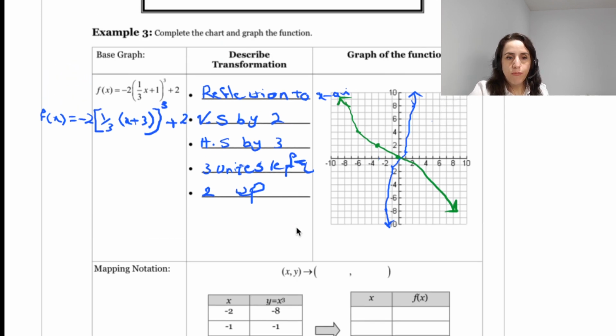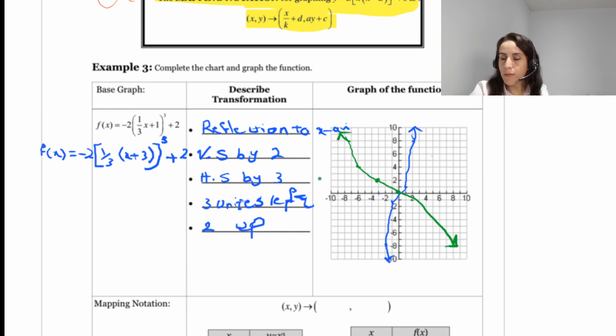Based on my mapping notation here, let's see what the values are. k is 1 over 3, a is negative 2, d is 3, and c is 2.